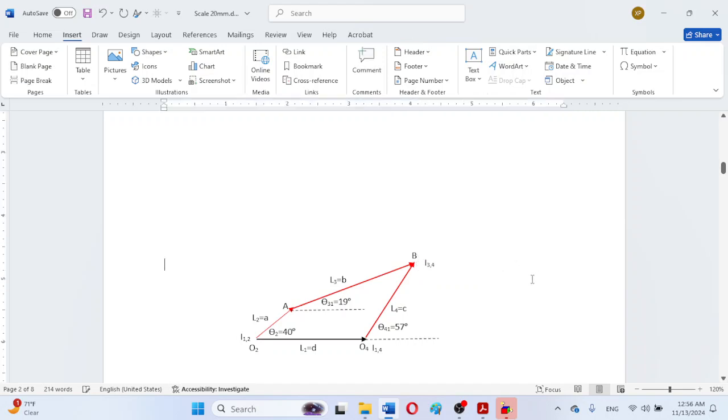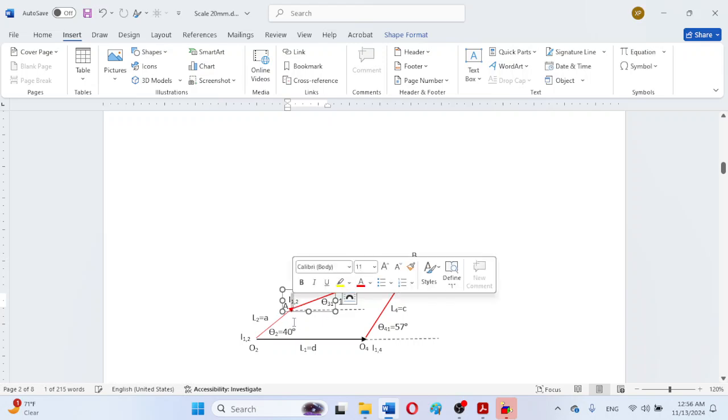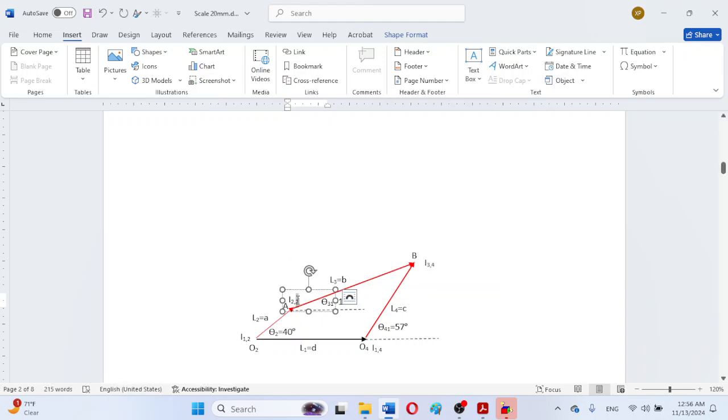After that, again paste this label here: this point A is connecting link number 2 and link number 3. So in this way I1 2, I2 3, I3 4 and I1 4 instant centers have been located.